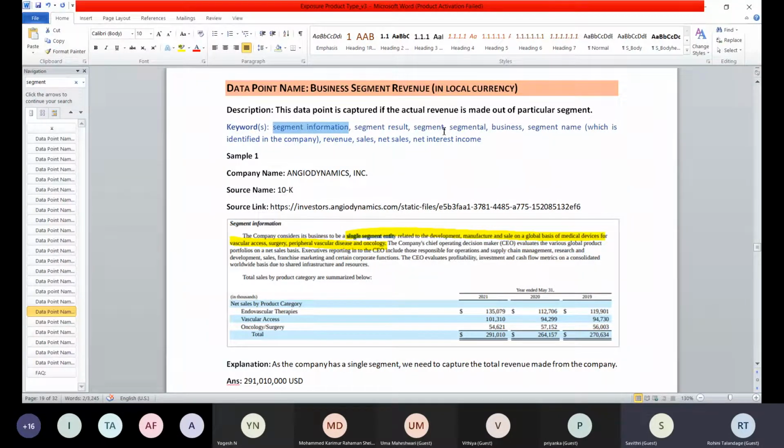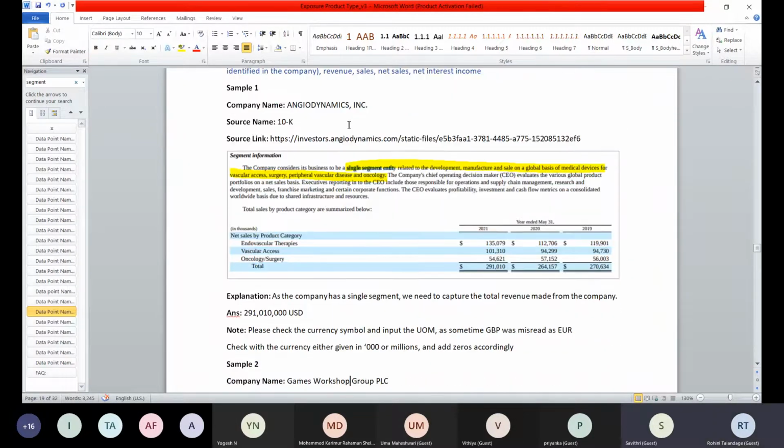Now net interest income is related to banking companies. If you are working on HDFC Bank, their revenue will be in the form of net interest income. They won't give you the revenue directly. So for any financial company, you have to search along with the net interest income keyword.